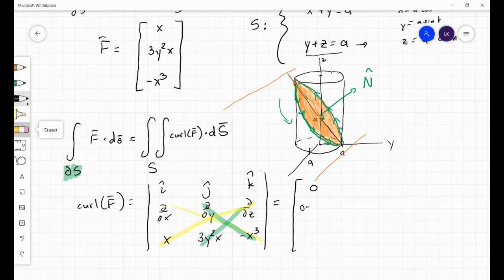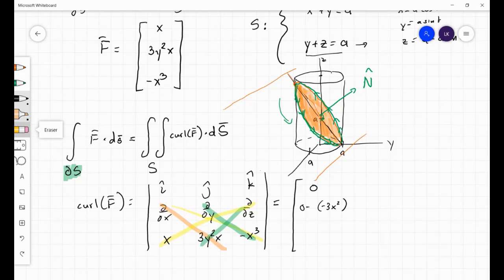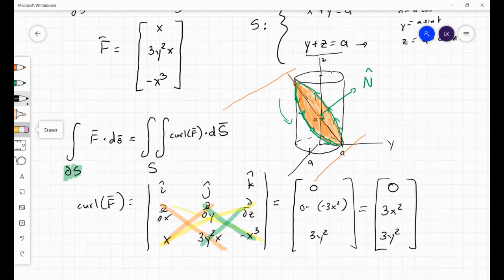So you get 0 minus minus 3x squared. And the third component, the derivative of this with respect to x minus the derivative of that with respect to y. So we get 3y squared. Okay, so that's our curl.